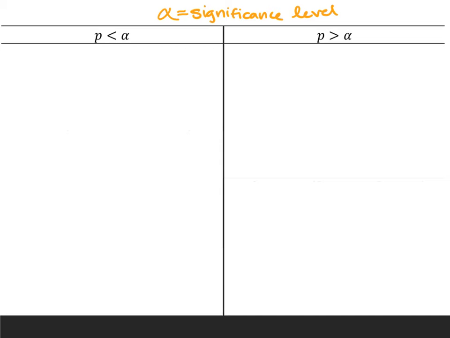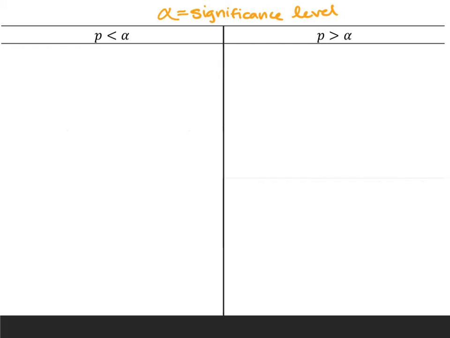And if you recall, our significance level is the cutoff that we choose, or if we're working on a problem, it may be given to us, but it's the cutoff to say we're okay with our sample statistics being this far away, but no further. So that's our probability that we're comparing it with.